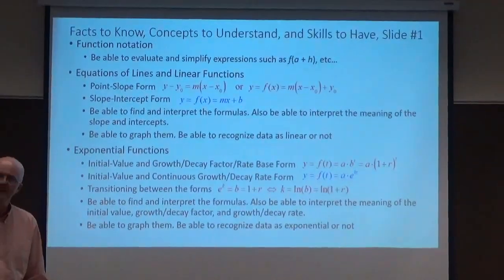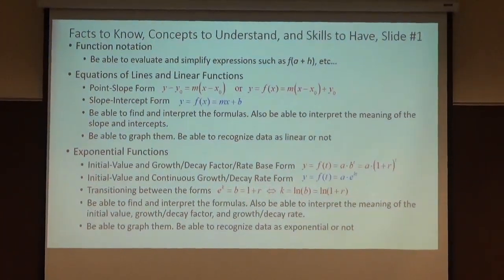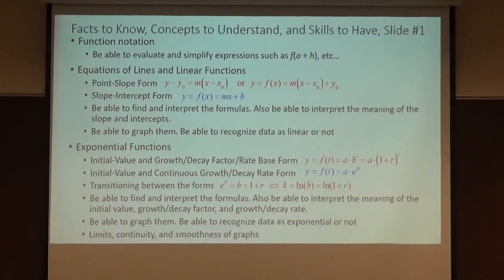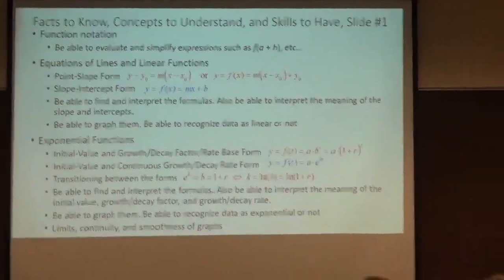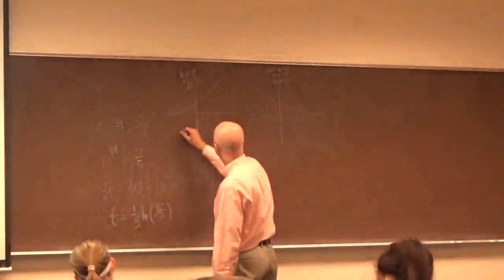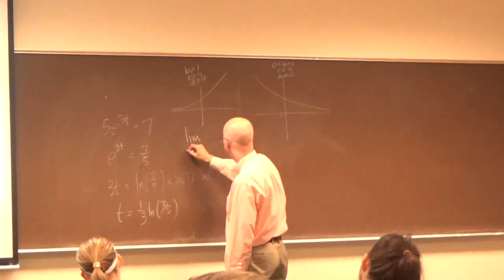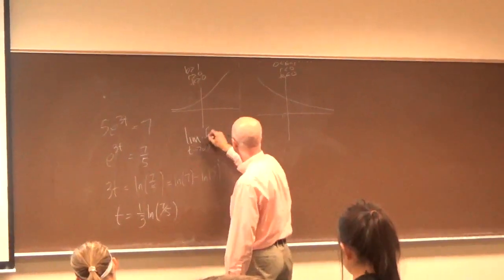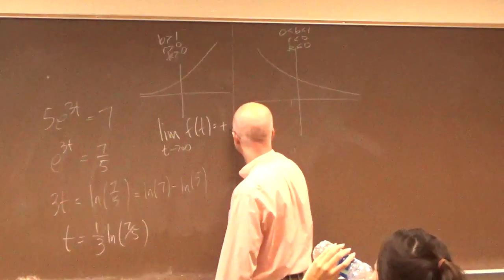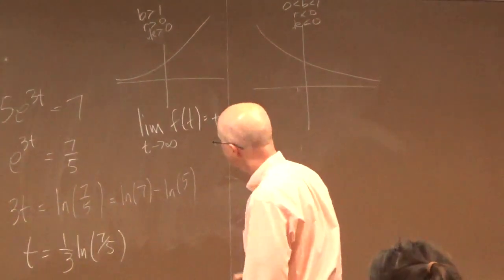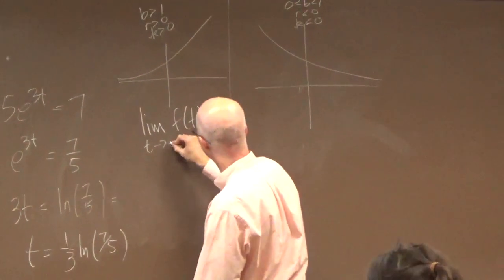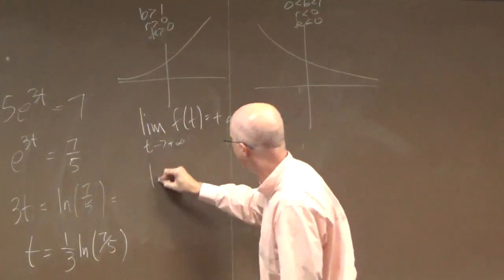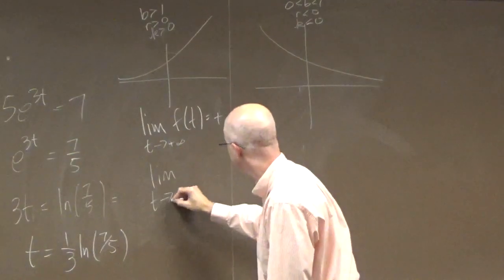What section is that? 1.2. Limits, continuity, and smoothness. You should know that in the case of exponential growth, you can say this. Plus infinity here, this is exponential growth. And also this.